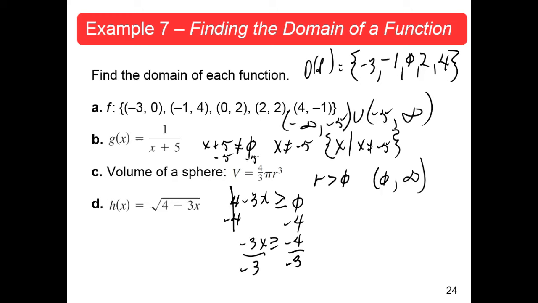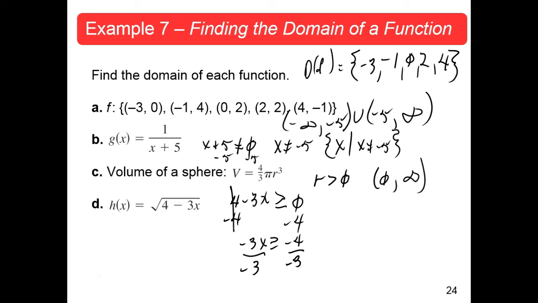You can add the same thing to both sides, subtract the same thing from both sides, multiply, okay? Multiplication and division, that's where you hit problems. If you multiply or divide both sides by a positive number, you keep that sign exactly the same. If you multiply or divide by a negative number, you flip the direction of that inequality. Okay? That's the rule for directional inequalities.